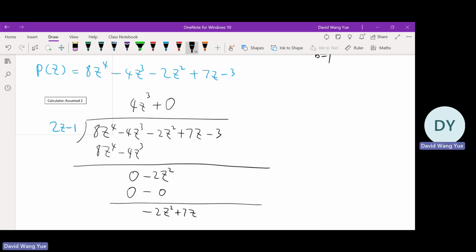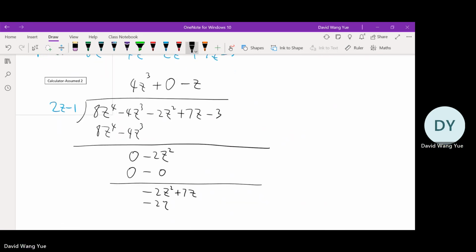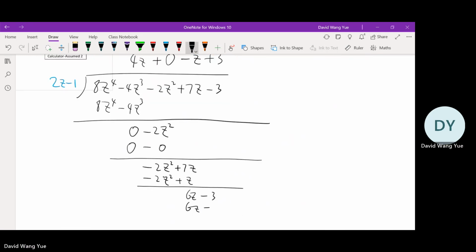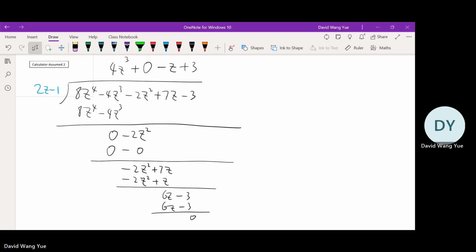Negative 2z squared divided by 2z, minus z. 7z minus z, 6z. Okay. So the function of z is now 2z minus 1, 4z cubed minus z plus 3.